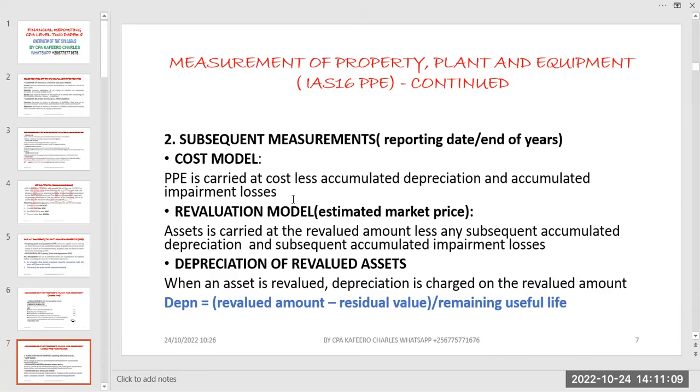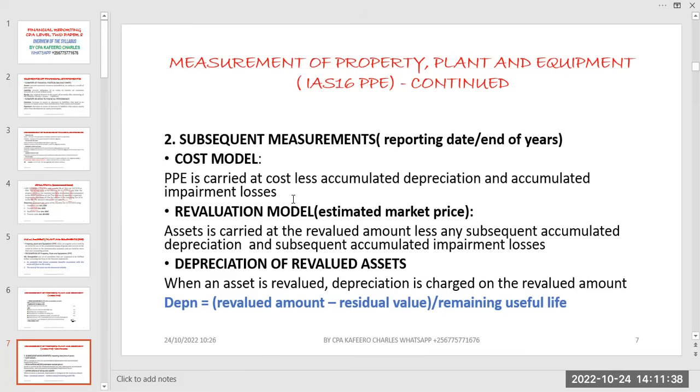The depreciation of the cost revalued at 15 million is different from that of 10 million, which was the cost. And even the useful life of the asset acquired at cost is different from the useful life at revaluation, because revaluation comes after you have already purchased the item and it has been there for some time.